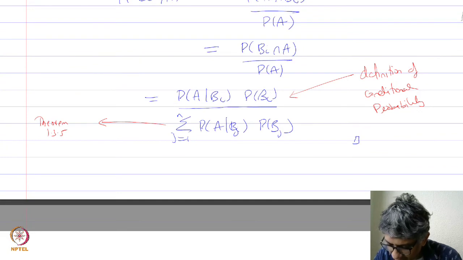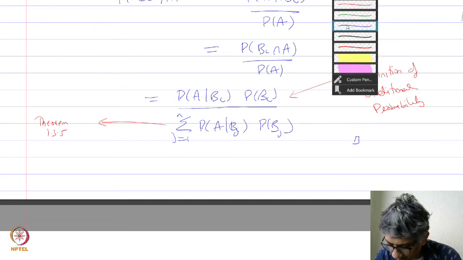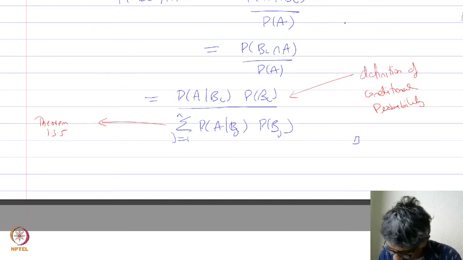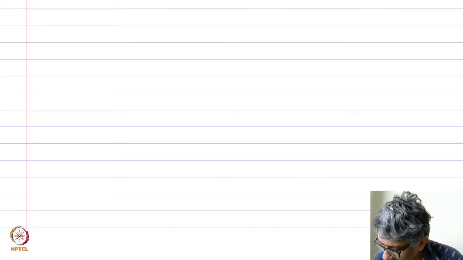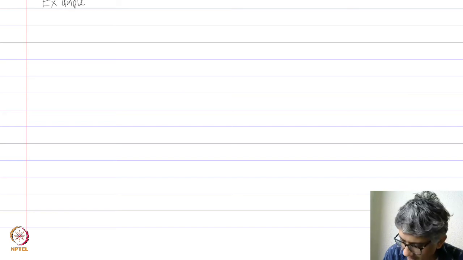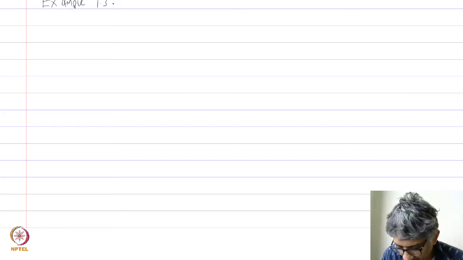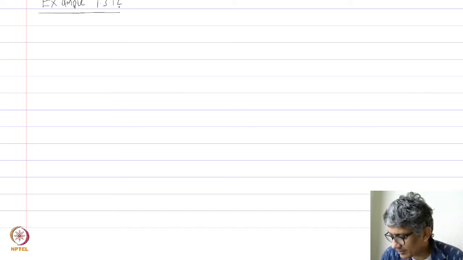Of course, it's not in this notation; the formal probability notation came much later. So let me do an example, and then I'll close it. Example 1.3.12 is the following.